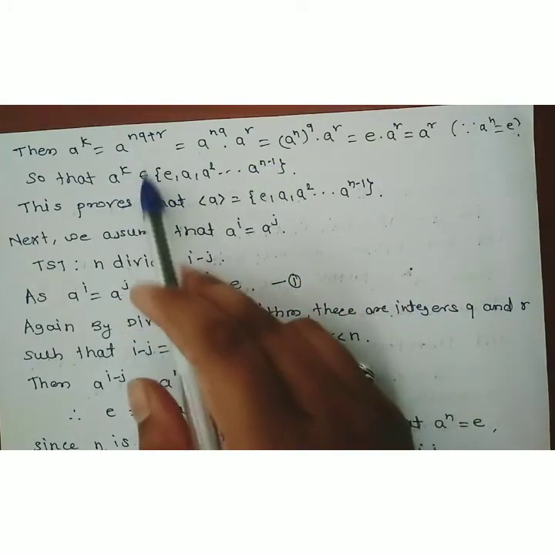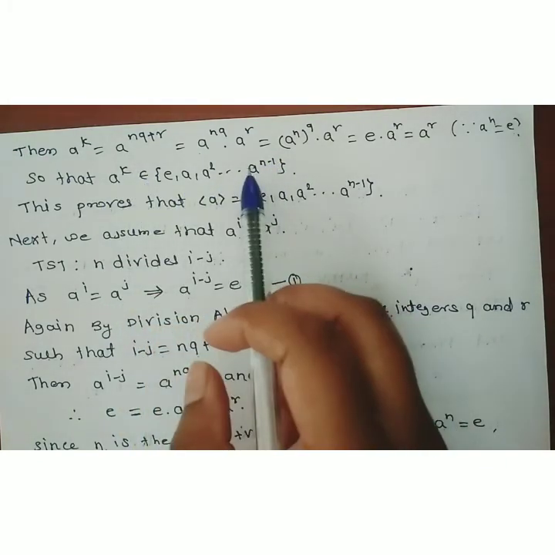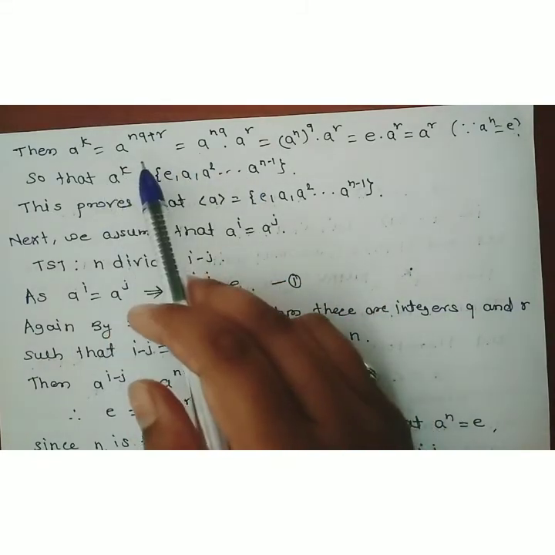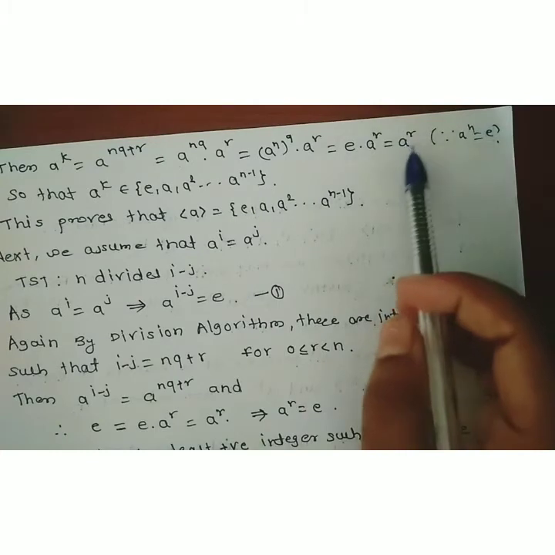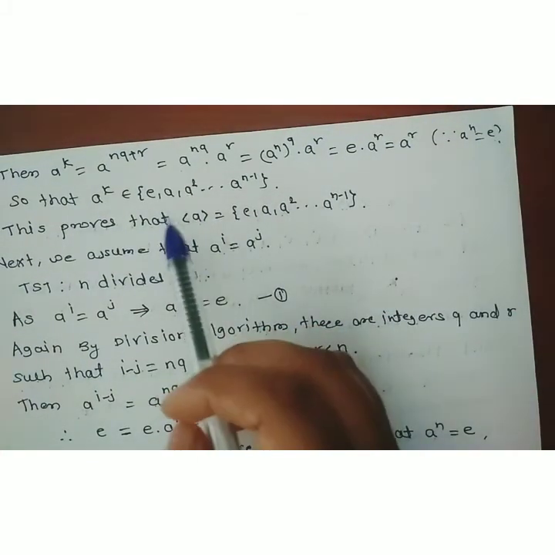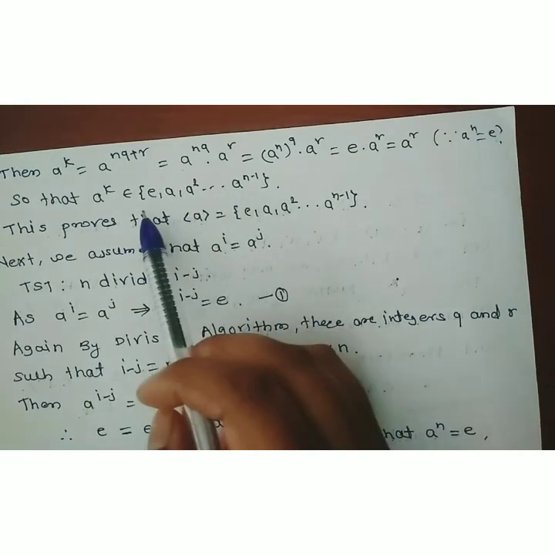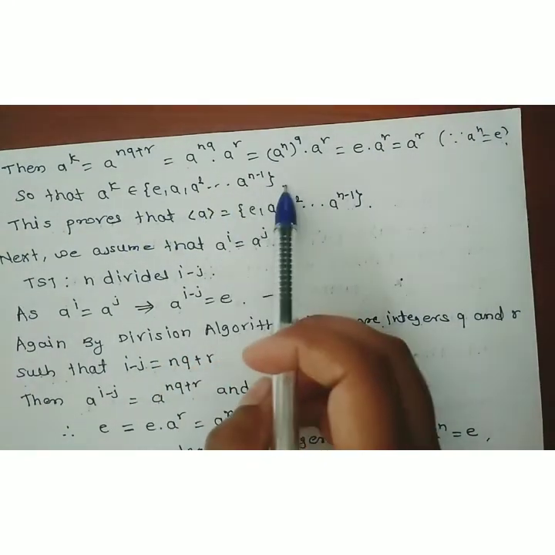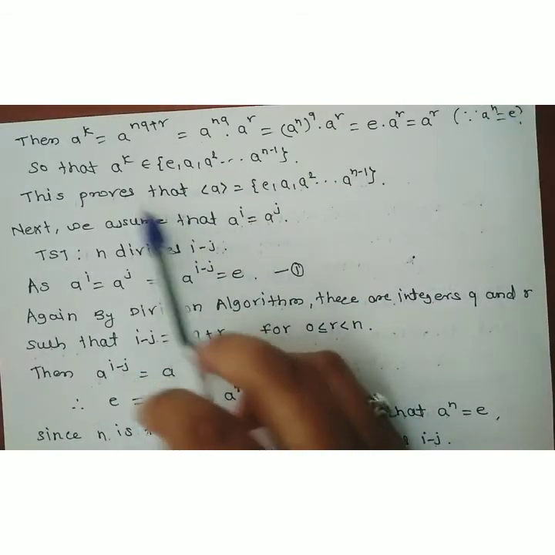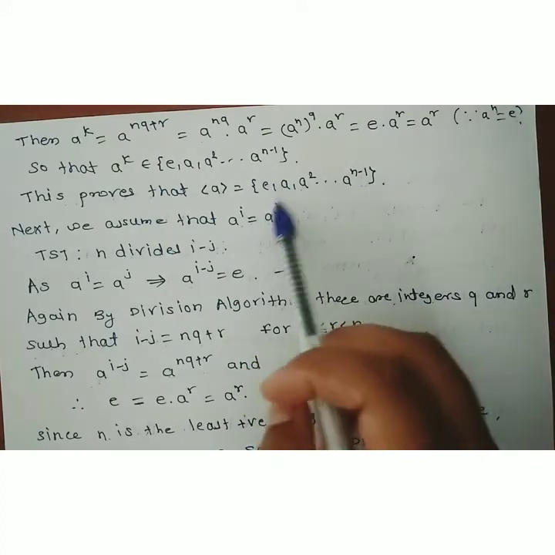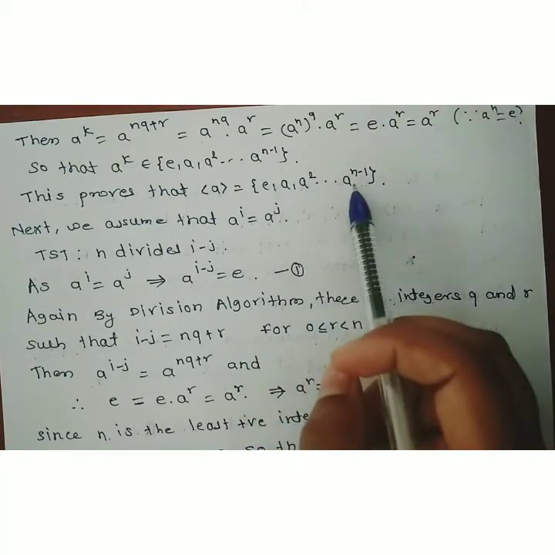Therefore any element of that type belongs to that set, since it is nothing but some element a to the power r of the set consisting of a, a squared, up to a to the power n minus 1. This implies that the set generated by a is equal to a, a squared, up to a raised to n minus 1.